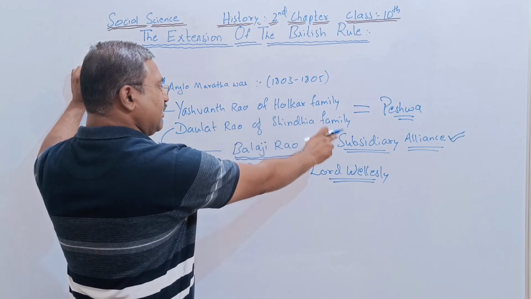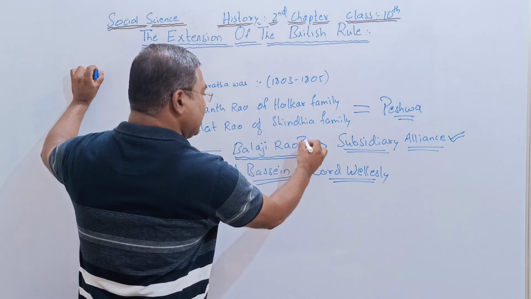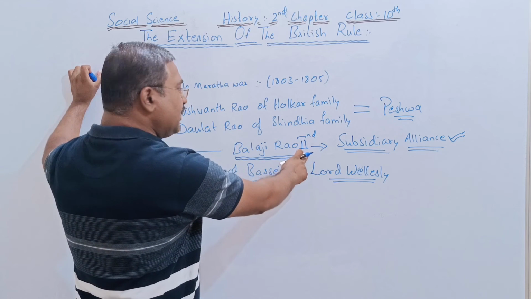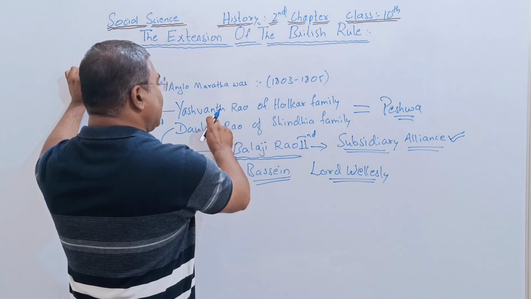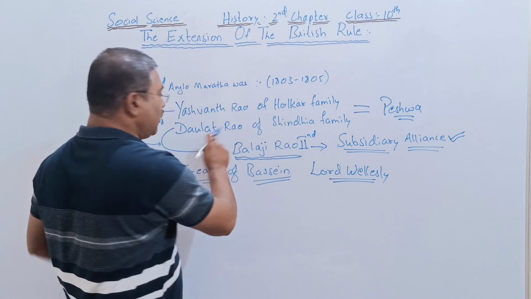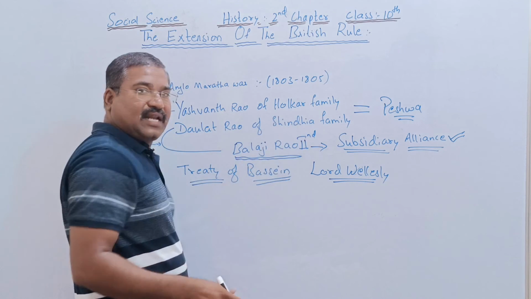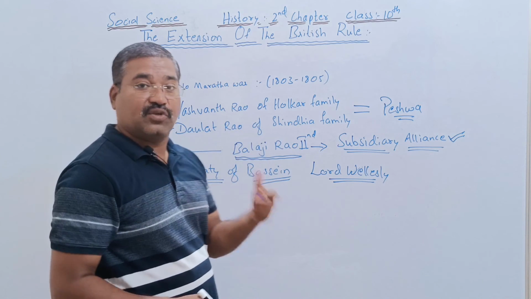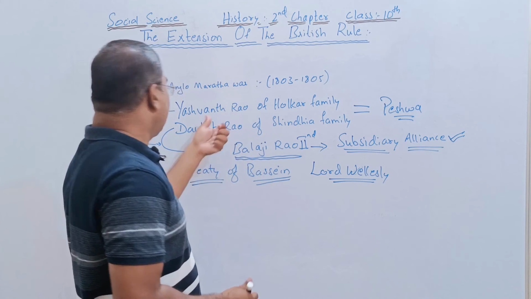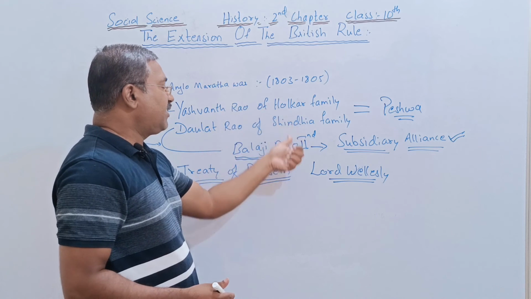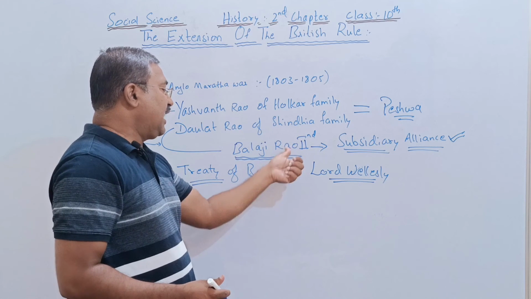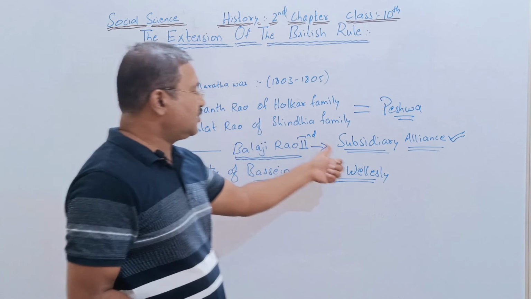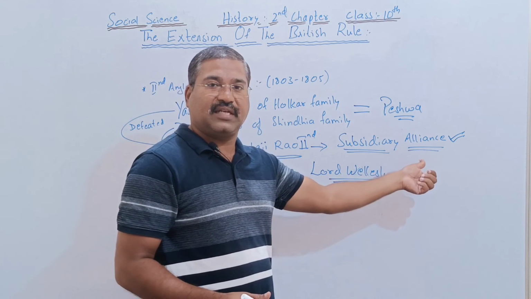There was a Peshwa called Balaji Rao II, who was ruling as Peshwa, but Yashwant Rao of Holkar family and Daulat Rao of Shinde family tried to make their supremacy over the Peshwa. At this junction, Yashwant Rao of Holkar family defeated the Shinde family as well as Balaji Rao II, which made Balaji Rao sign an agreement called subsidiary alliance.